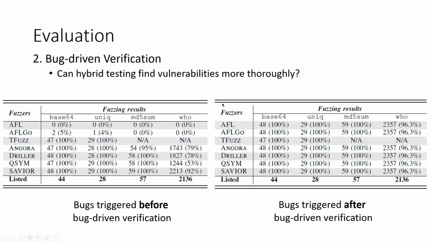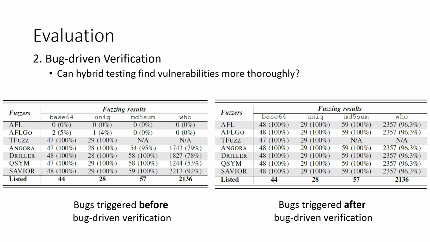Yeah, so they applied it to different tools, and these two tables are not similar. That means using their own vulnerability discovering approach, they can largely improve AFL goal.